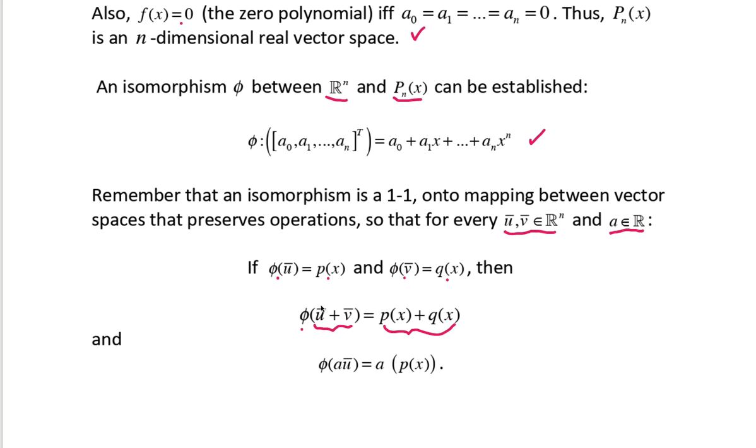Likewise, under that map, if I multiply any scalar on u, that would end up getting mapped to exactly a times p of x, okay?